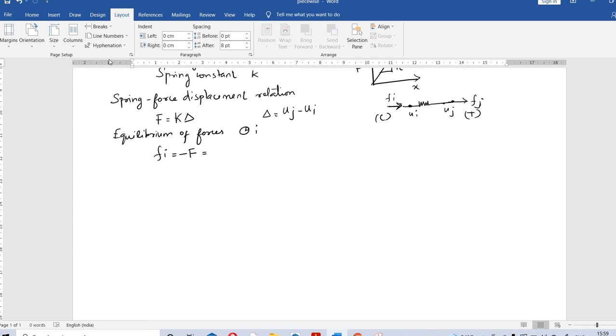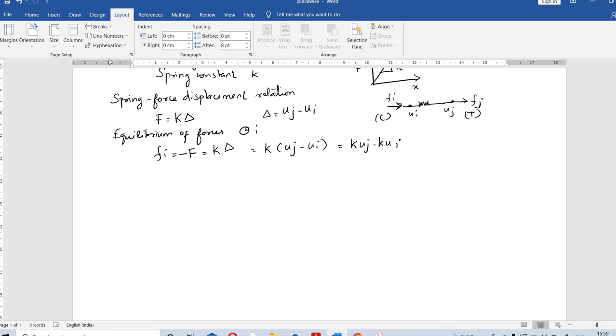So minus F is equal to K into delta, where delta is equal to Uj minus Ui. I can expand this expression as Kuj minus Kui.